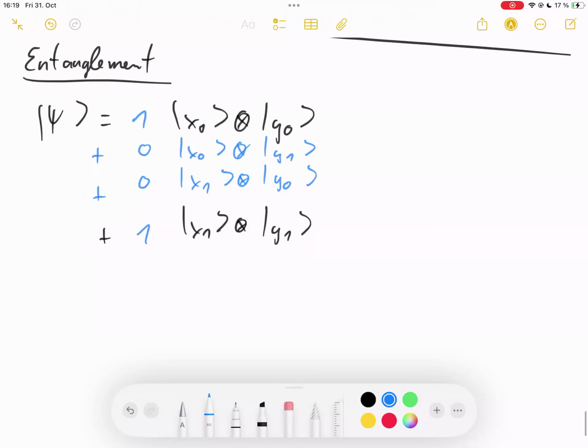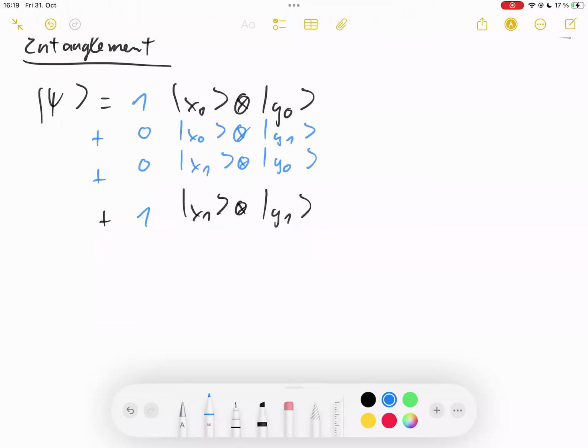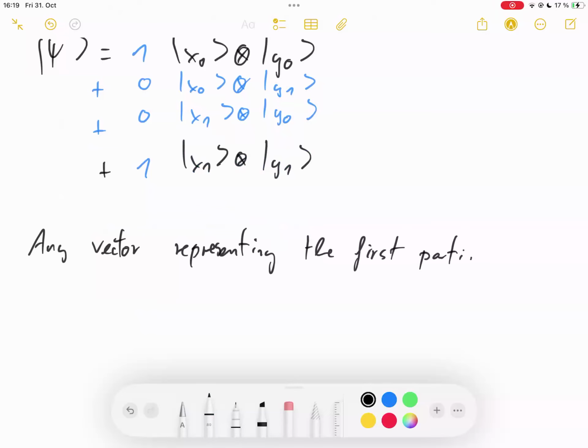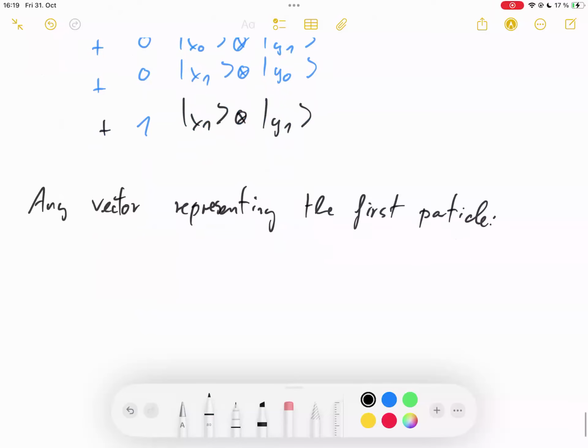And any vector representing the first particle can be written as C0 times X0 cat plus C1 times X1 cat.